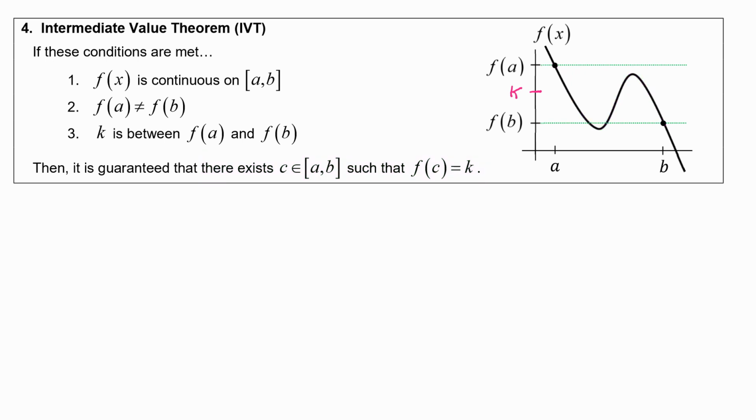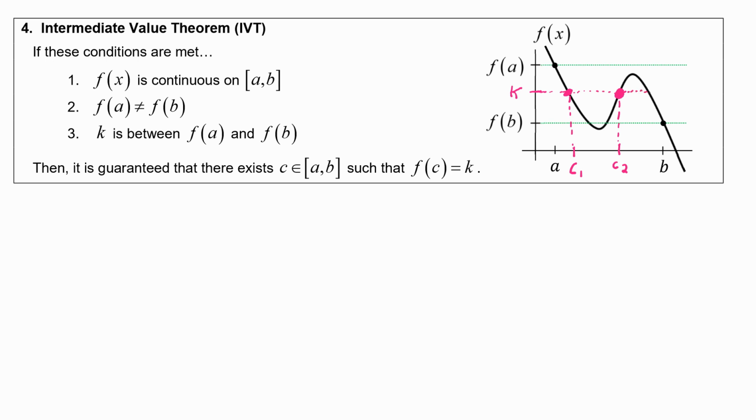Now let's take a look at what we have going in our diagram here. If we work off of this k, then this would be a value of c. Let's call it c1. This would also be a value of c in this case, so that's c2.